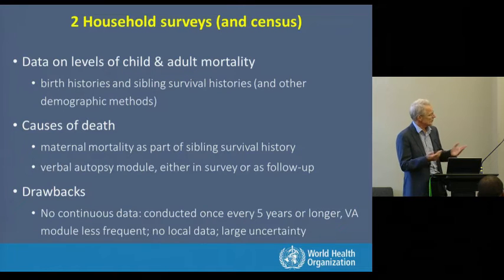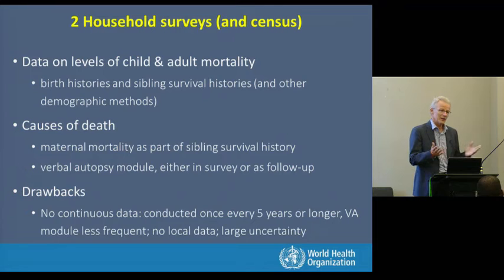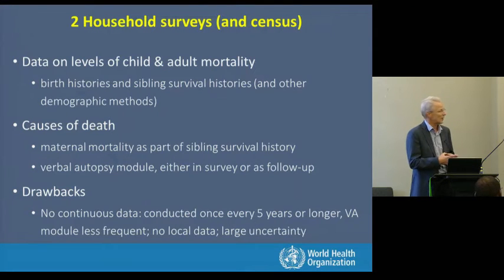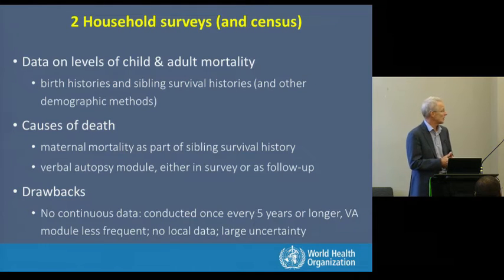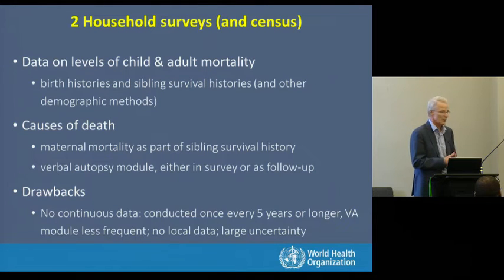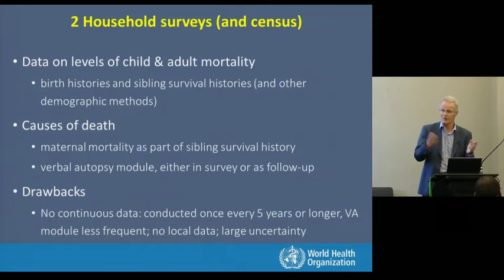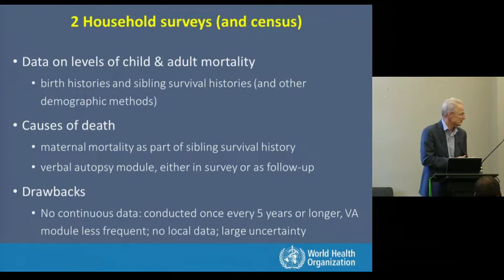The second source, very briefly, household surveys and census, obviously a major source of data on levels and trends of adult and child mortality through birth histories and sibling histories and other demographic methods. I don't have to say that here, being sort of near the birthplace of the indirect methods with Bill Brass.